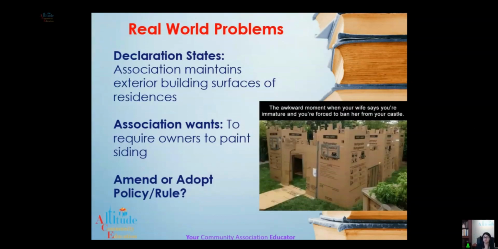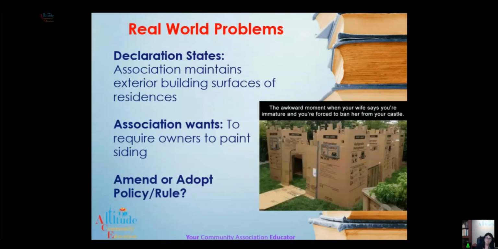And just know that these real world problems, most of them I took from actual situations and actual provisions and declarations. However, in the real world, it's usually much more complicated than just the declaration states X, because typically we're looking at a whole bunch of different provisions in the declaration. But for the purposes of these exercises, we've simplified it.